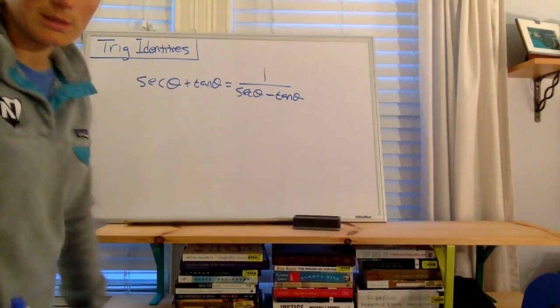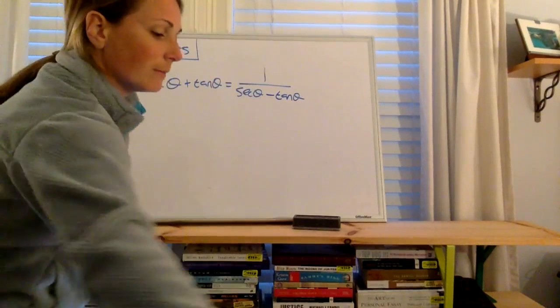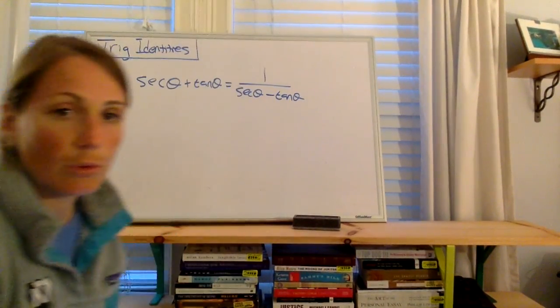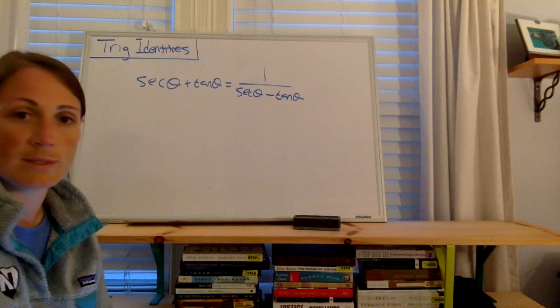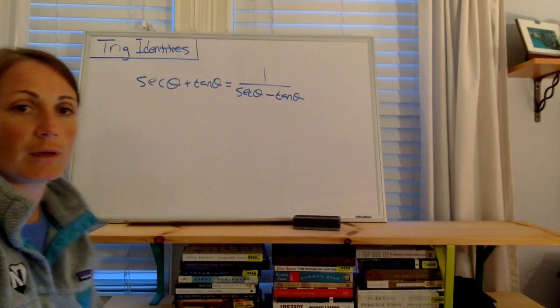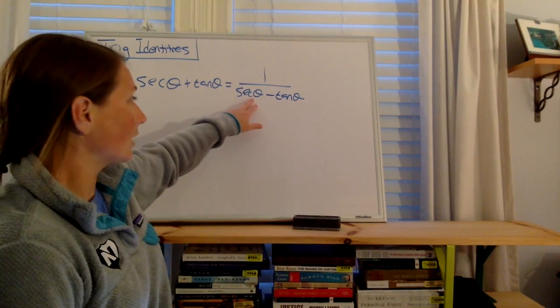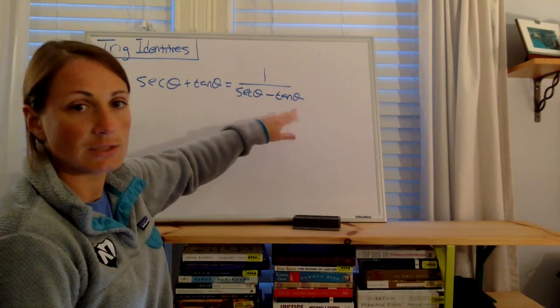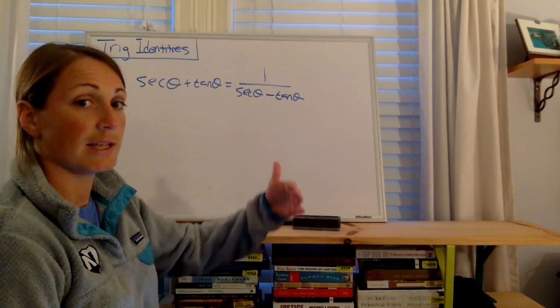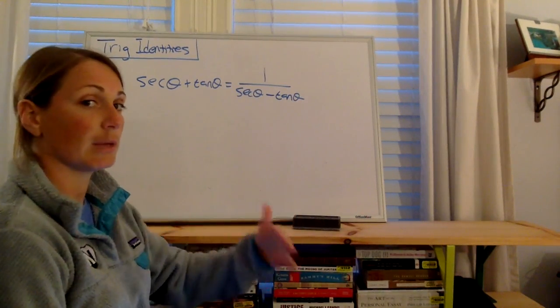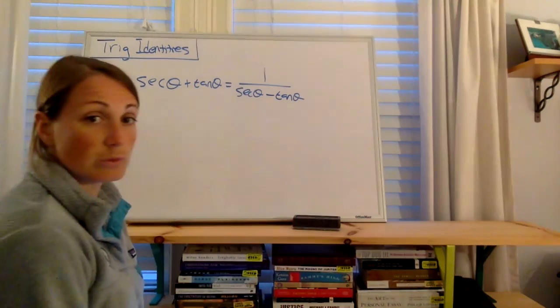Right, so one of these algebraic tricks that you can do would be to multiply one side by a conjugate. And remember, a conjugate means, like in this case, I've got secant minus tangent. So I can multiply by secant plus tangent over secant plus tangent because that equals 1.